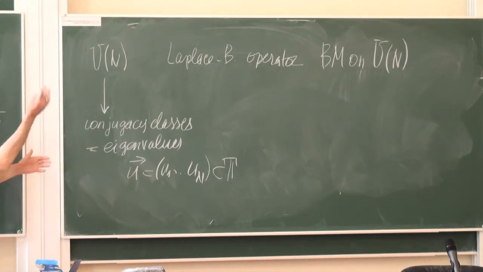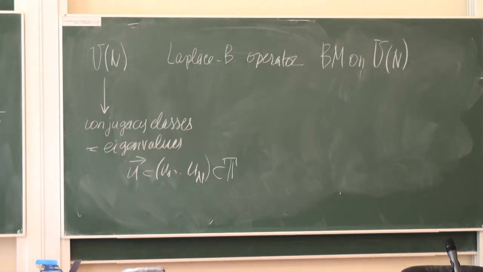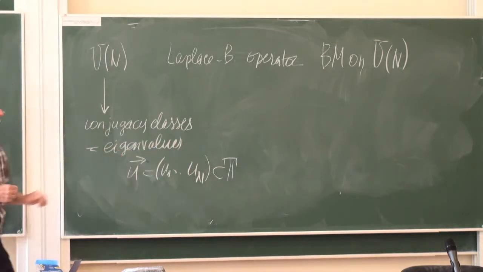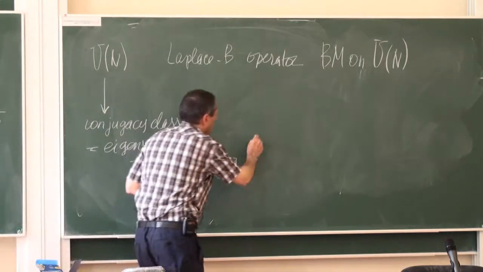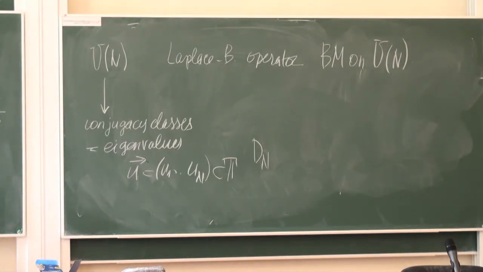So we can introduce some kind of angular coordinates which are responsible for conjugation by unitary matrices. And in this system of coordinates, eigenvalues can be viewed as radial coordinates. And there is separation of variables, and we get a differential operator on this space. And this is exactly the Dyson operator, which was at the very beginning of my story.